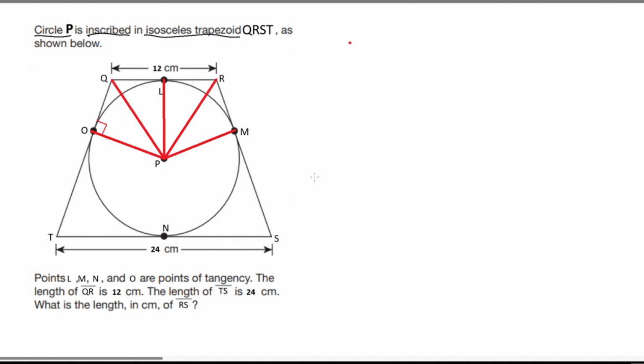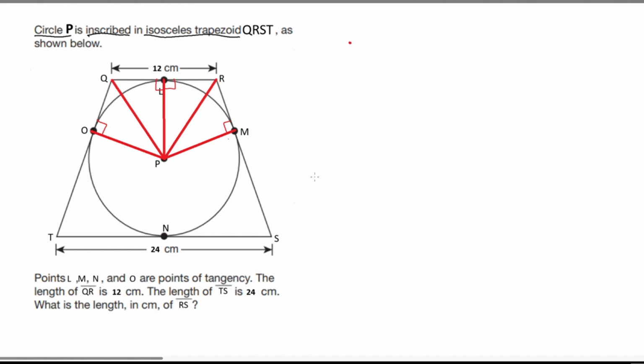When the radius meets the point of tangency, where the line hits the circle, it forms a right angle. So they're perpendicular. Same with this angle right here, angle PLQ. Of course, this is also a right angle, and this is also a right angle. So that's what tangent means.